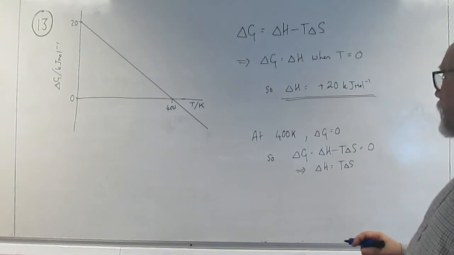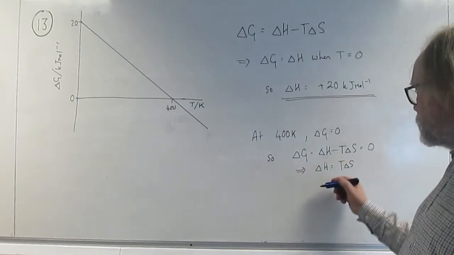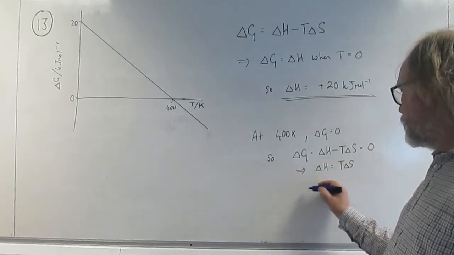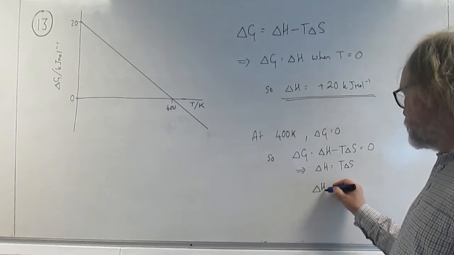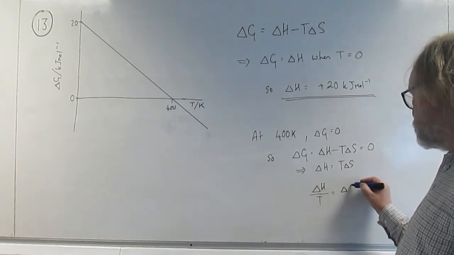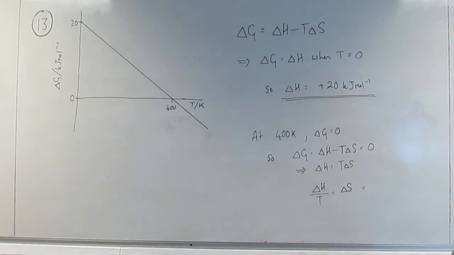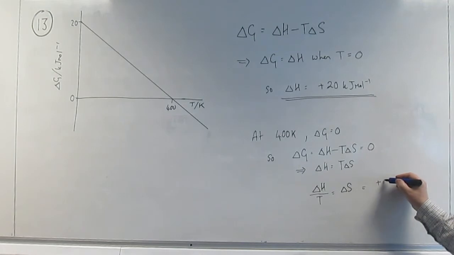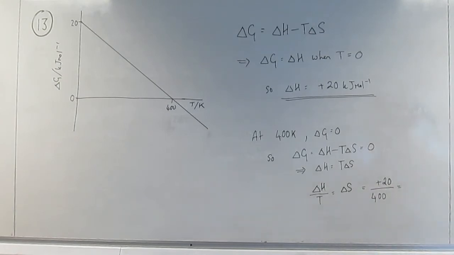And so we can find out what delta S is just by rearranging that equation, that delta H divided by T is equal to delta S. And delta H we've just worked out is plus 20. So plus 20 divided by 400 is going to be our answer, which is plus 0.05.